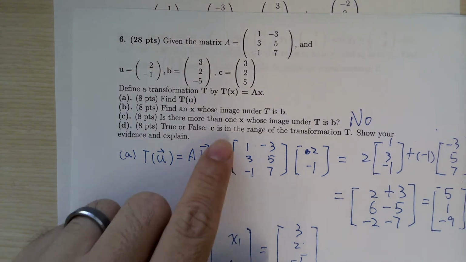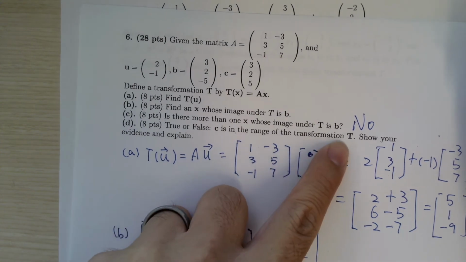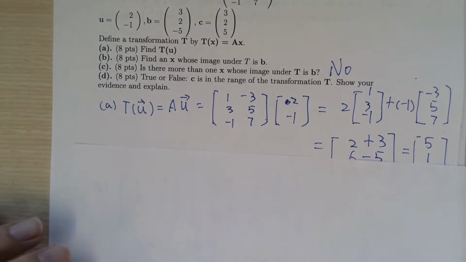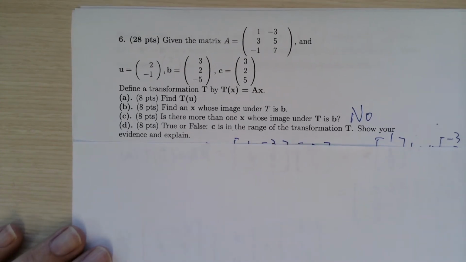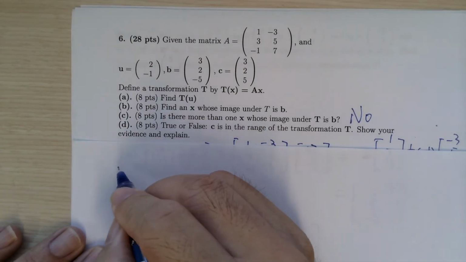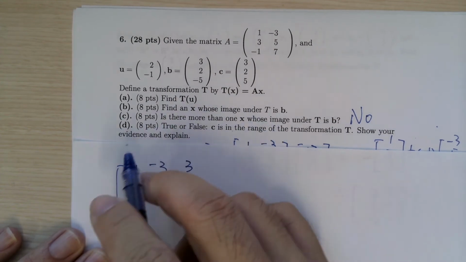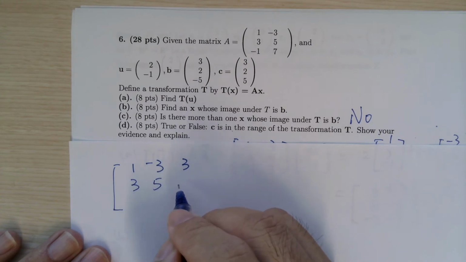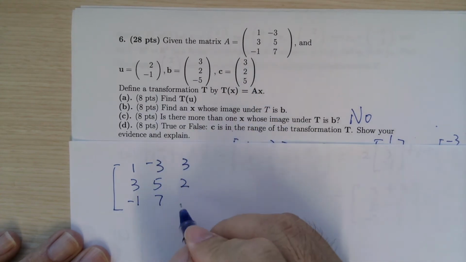Then the problem asks us, okay, if C is in the range of transformation T. This problem is basically similar to part B, right? So basically we're looking for this 1, negative 3, 3, and then 3, 5, 2, and negative 1, 7, 5.